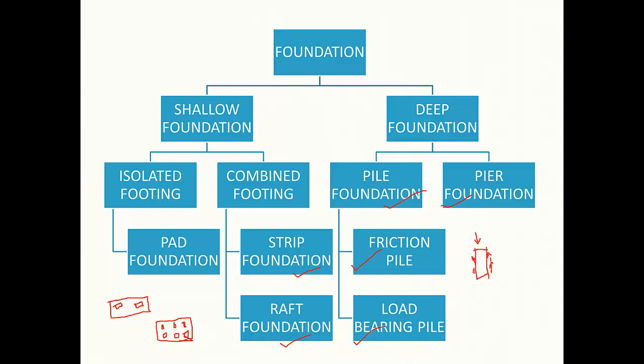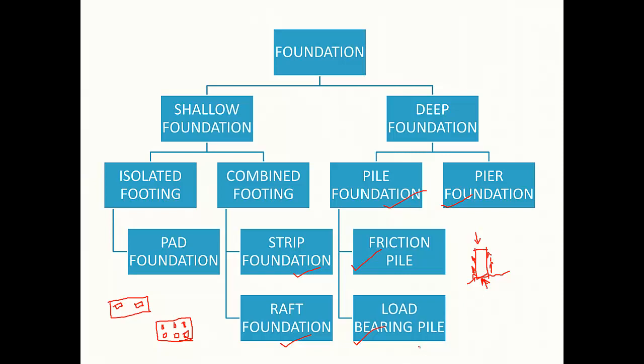This frictional resistance allows it to carry the load. In the case of load bearing, maybe at the end there is a firm base of soil, so the direct resistance is obtained from the soil at the end. That is called the load bearing pile.